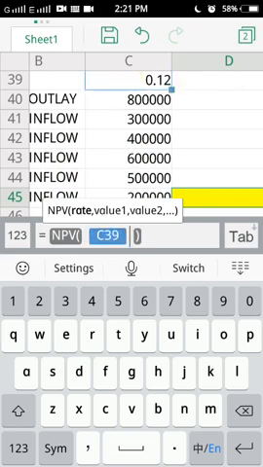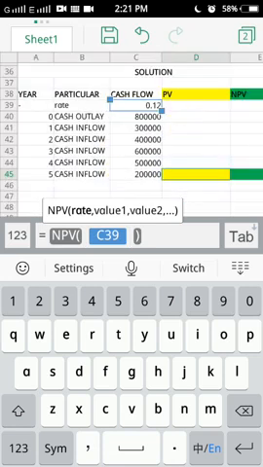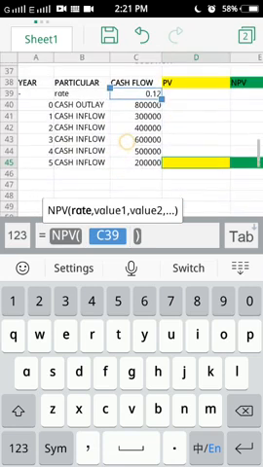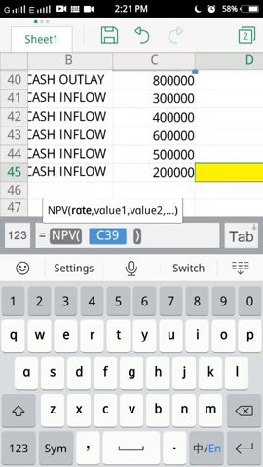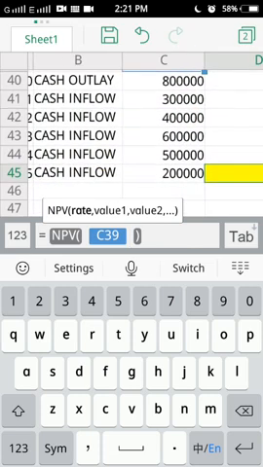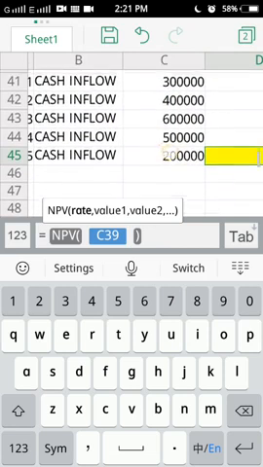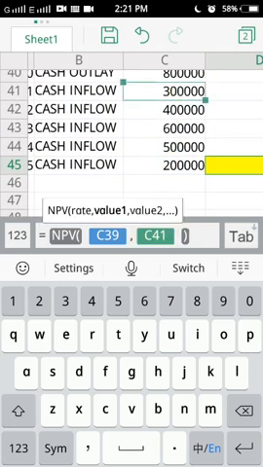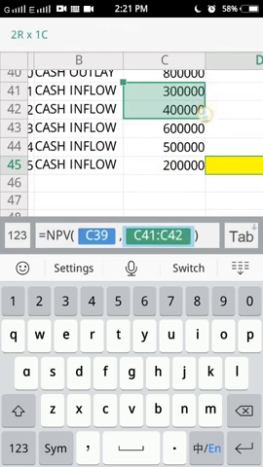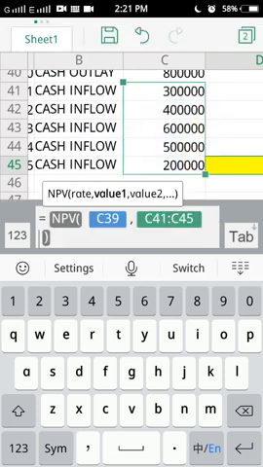And then what comes next is the value. Now these values are simply our cash inflow, the amounts we are going to be getting as this investment goes on. So we'll have our cash inflow coming from cell address C41 down to cell address C45. I'll click on that cell address and then I'll hold and drag this till the last cash inflow.